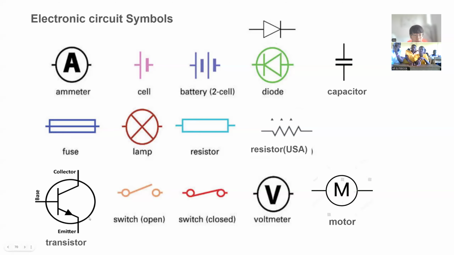At the down left, here's a transistor, which is not really important, but it's still good to know. And here finally is a switch. If a switch is open, it's not working. And if the switch is closed, it's basically functioning as an on-off switch. So it can be turned on and off from the switches.